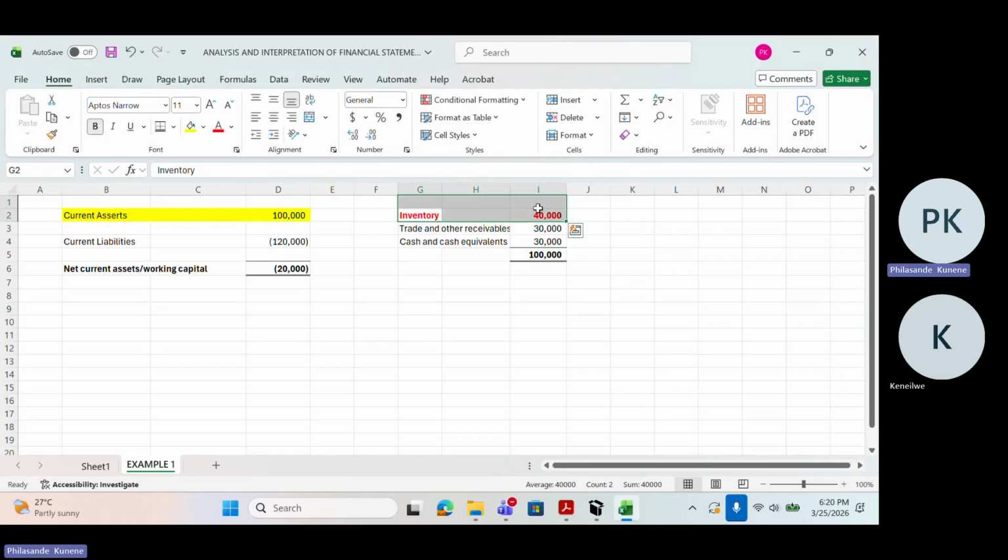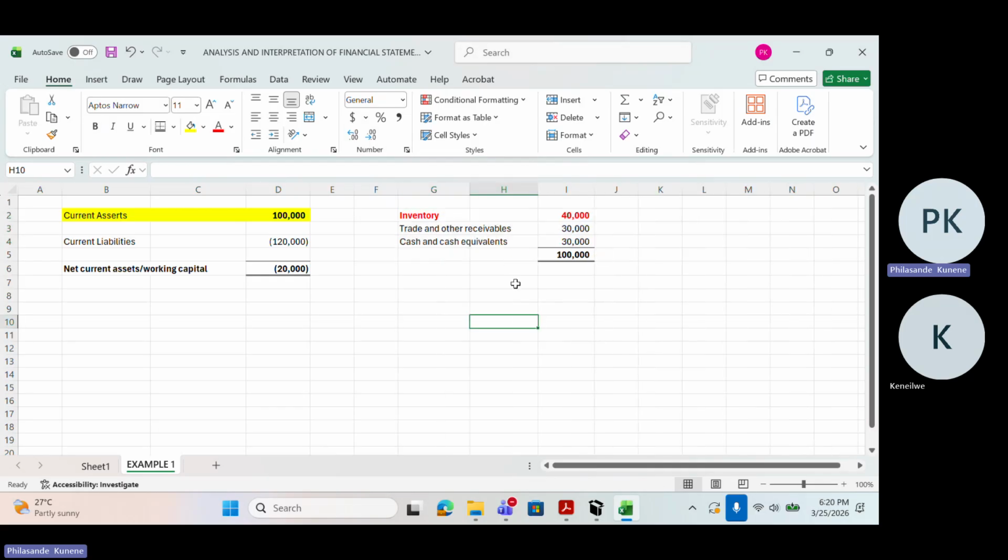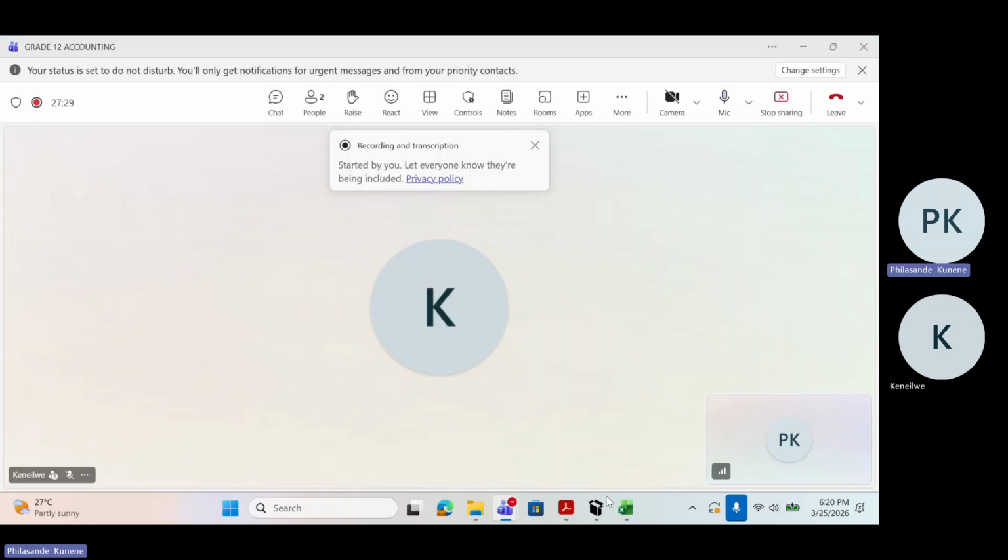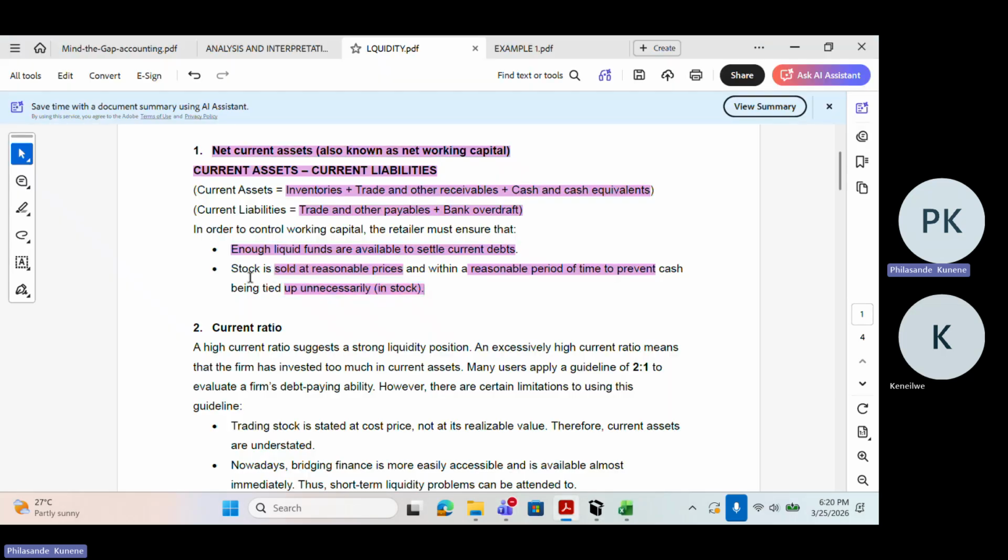So I was explaining here that these 100,000, which is our current asset, is made up of inventory, trade and other receivables, and cash and cash equivalents of 30,000. What this point is saying is that stock is sold at reasonable prices and within a reasonable period of time to prevent cash being tied up unnecessarily in stock.